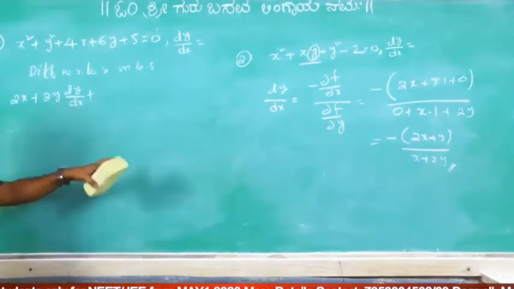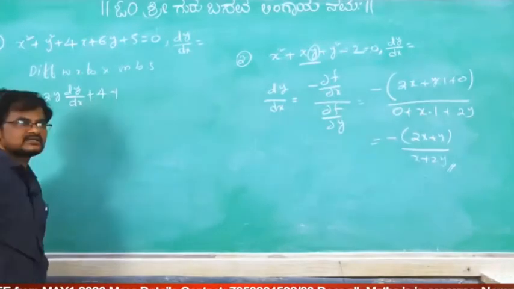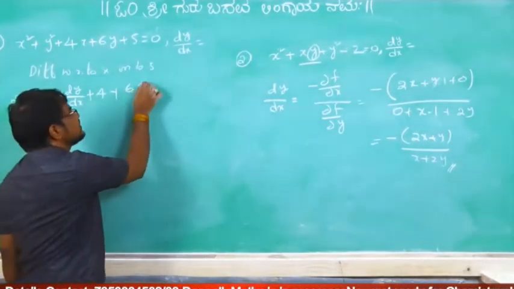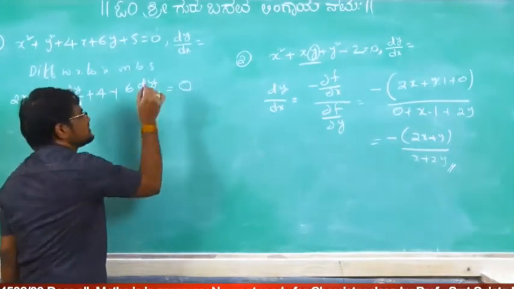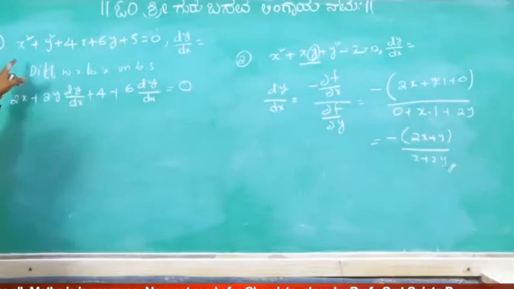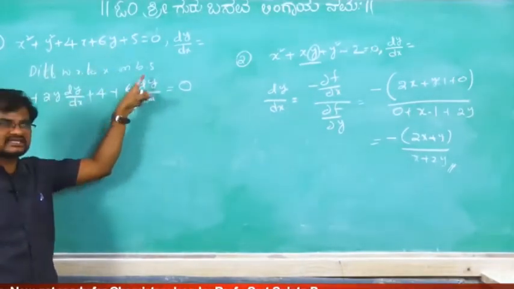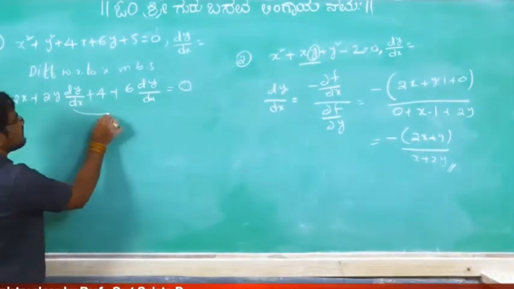Plus differentiation of 4x is 4, plus differentiation of 6y, 6 into dy by dx, and this is a constant, 0. Differentiation of x square is 2x, y square 2y dy by dx, 4x is 4, 6y is 6 into dy by dx, equal to 0. Now next step what we have to do?